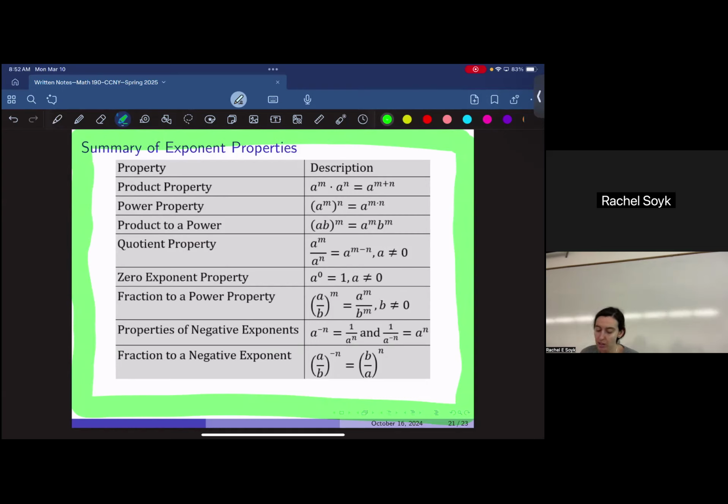And if not, then at least try and print this up later today and glue it either onto your wall or someplace that you can see it on a daily basis to help solidify these properties. This will pop up in pre-calculus, calculus, very, very useful in your future math classes as well.